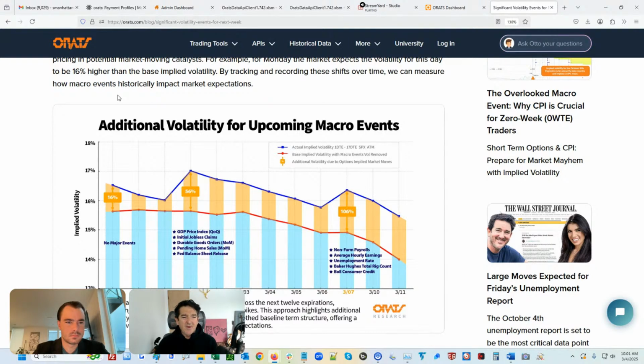So the first graph is the one that we presented last time. It basically shows the expirations, and then the blue line is the implied volatility surface or skew term structure. Now, the first thing that we do is solve for the weekend and holiday effects.